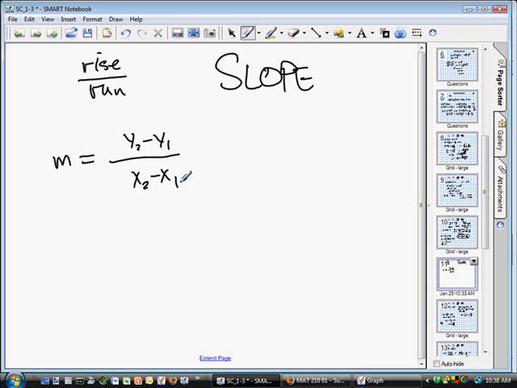Can you give me just one other point? Well, what does the slope of 0 mean? That it's horizontal, and doesn't that tell you that all the other points have exactly the same y coordinate as that one? So it's like anything comma 1. And all you'd have to do is pick 3 of those. So that one's pretty simple.